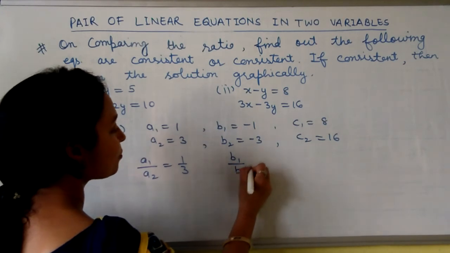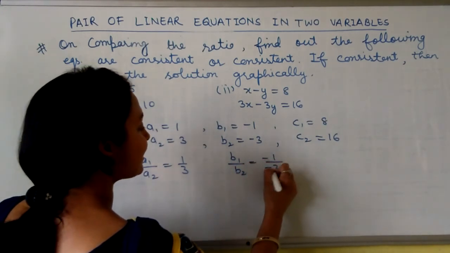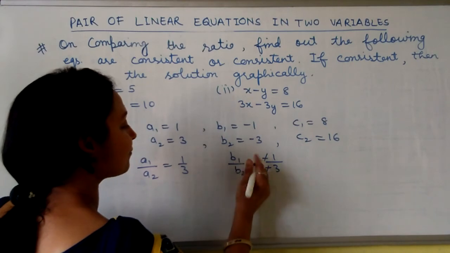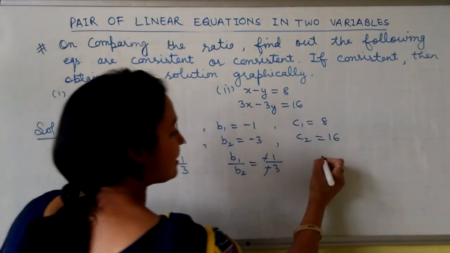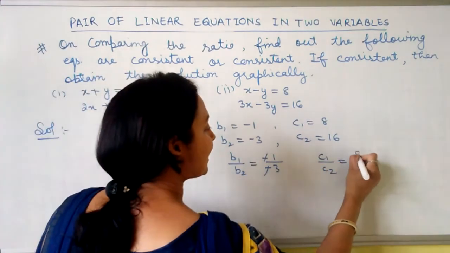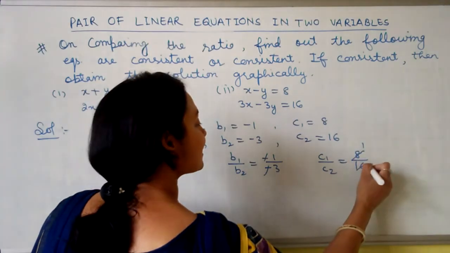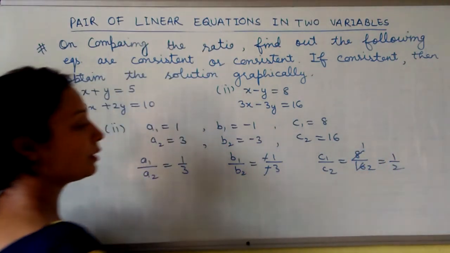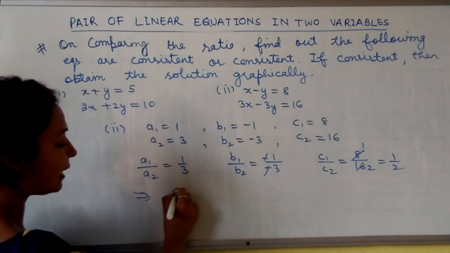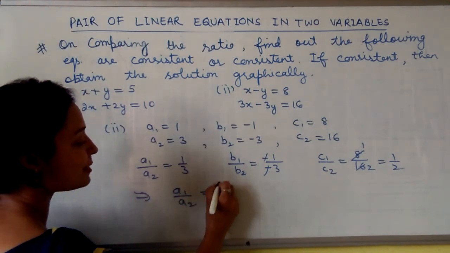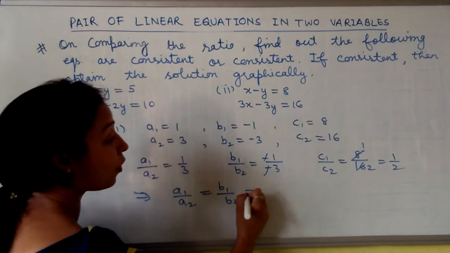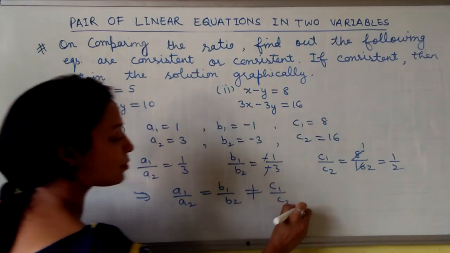b1 upon b2 is -1 upon -3, after cancellation 1 by 3. c1 upon c2 is 8 by 16, after cancellation 1 by 2. This implies a1 upon a2 equals b1 upon b2, not equal to c1 upon c2.